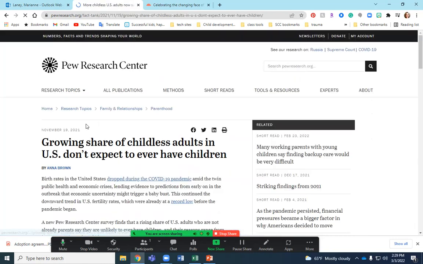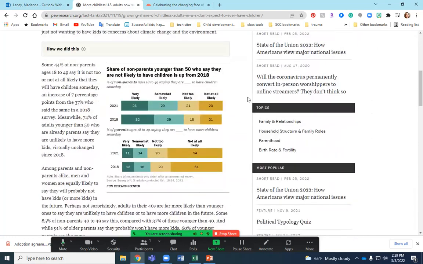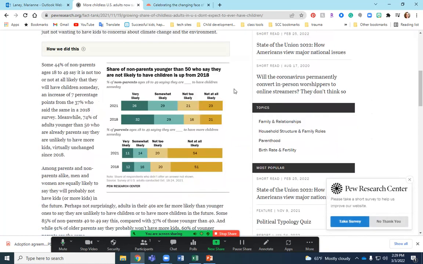So if you wanted to find something about non-parents younger than 50 who say they were not likely to have children, it's up from 2018. In 2021, about 20% of people under 50 said, I'm not having kids. Now it's 23. Probably not, that's up more. Probably yes stayed the same. Interesting. And very likely went down, like I'm definitely having kids, right?